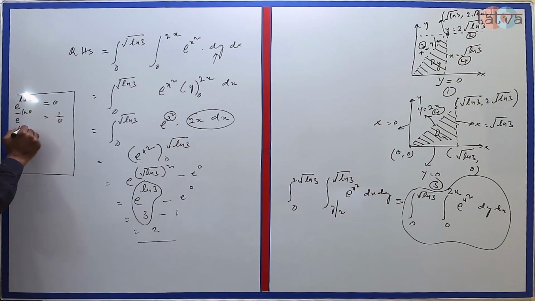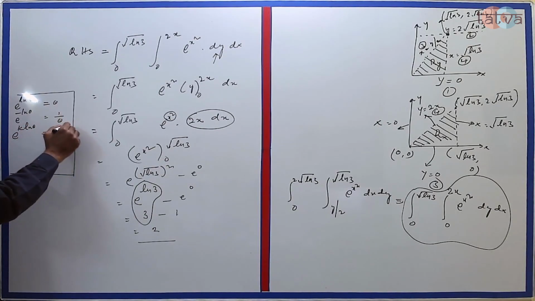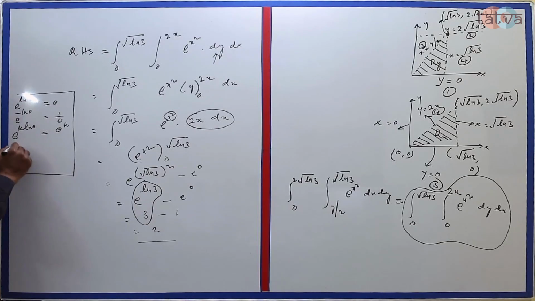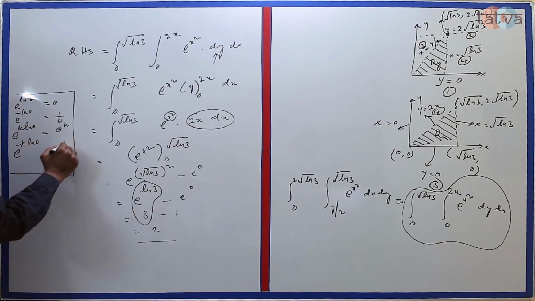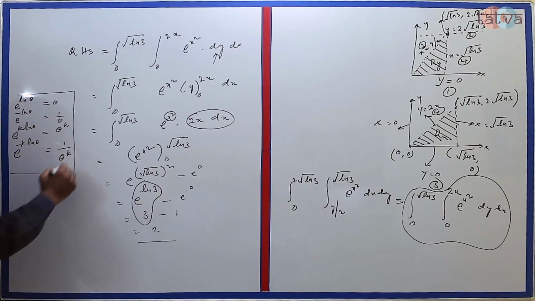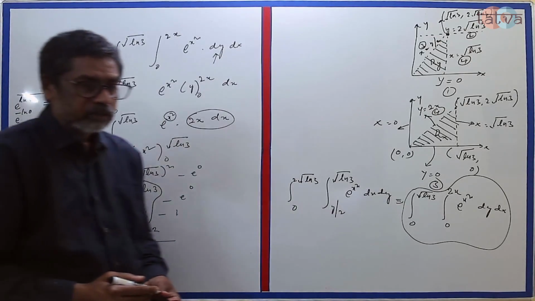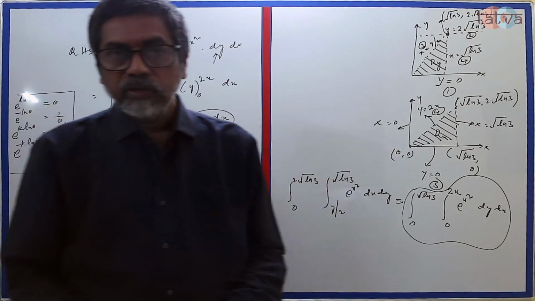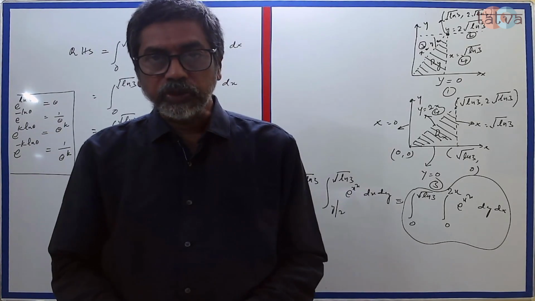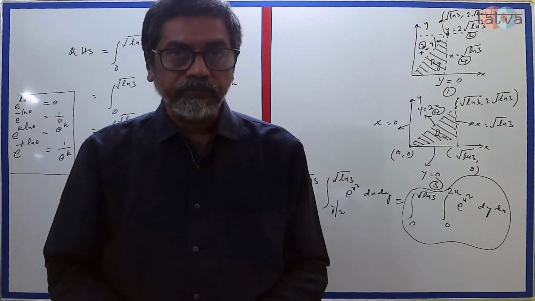E raised to k log theta is theta raised to k, and e power minus k log theta is 1 upon theta power k. This can be useful in some problems where exponentials and logarithms come together.